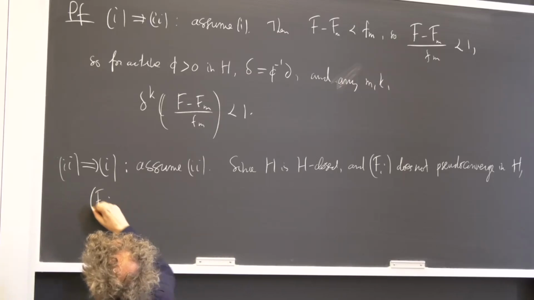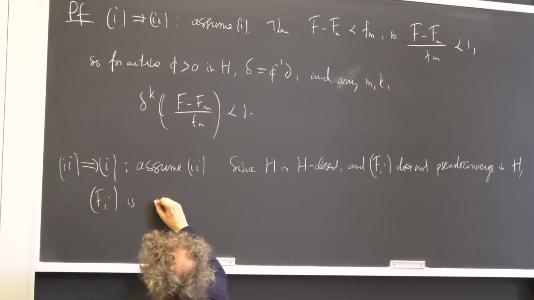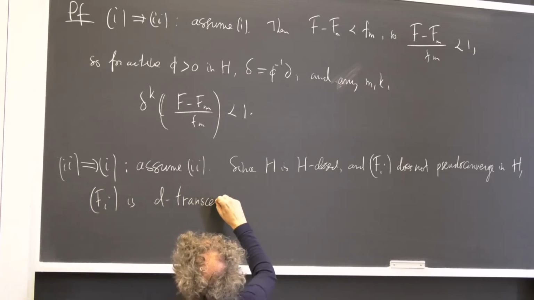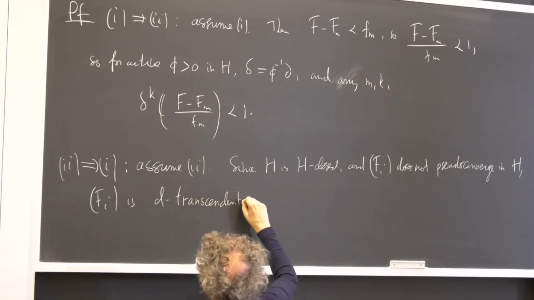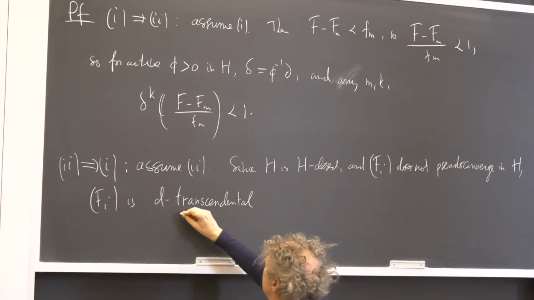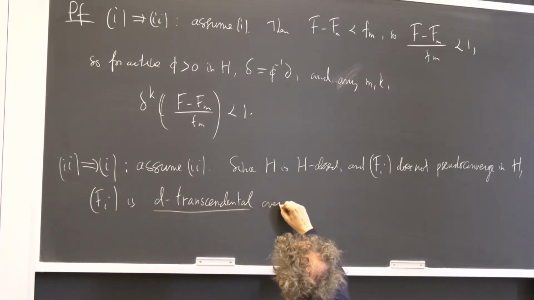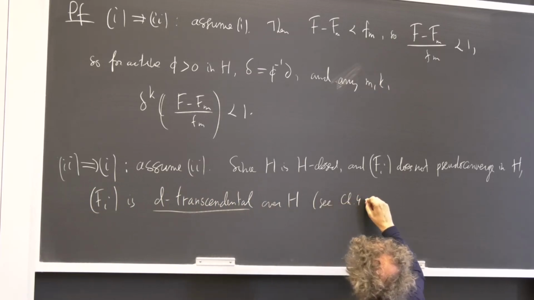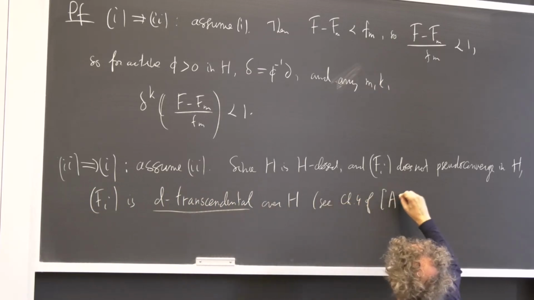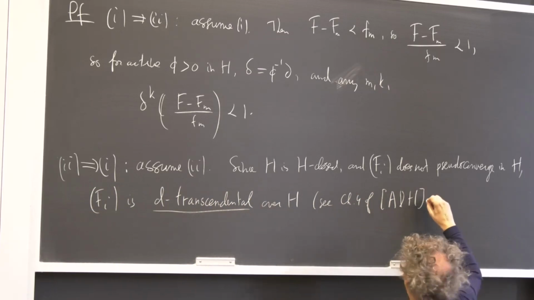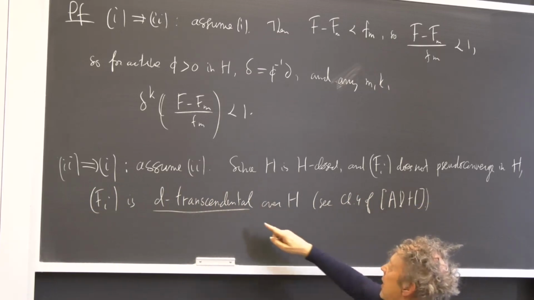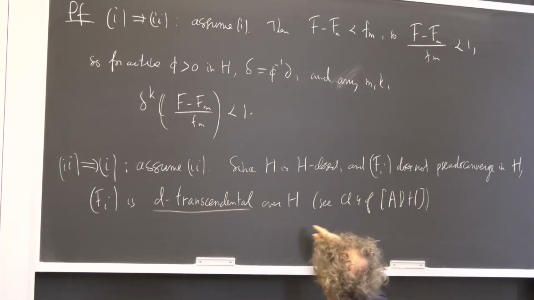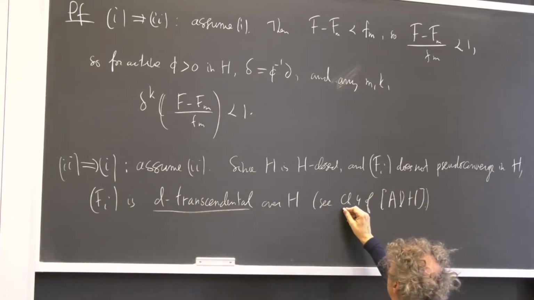Differentially transcendental is a term that is defined in chapter 4 of our book. I guess you'll need chapter 4 and chapter 11.